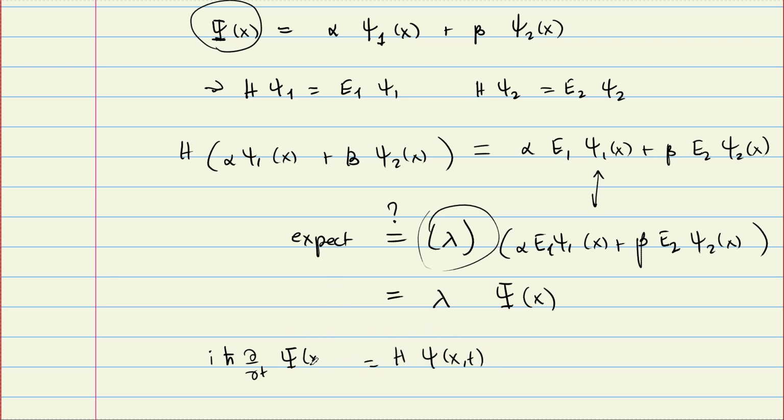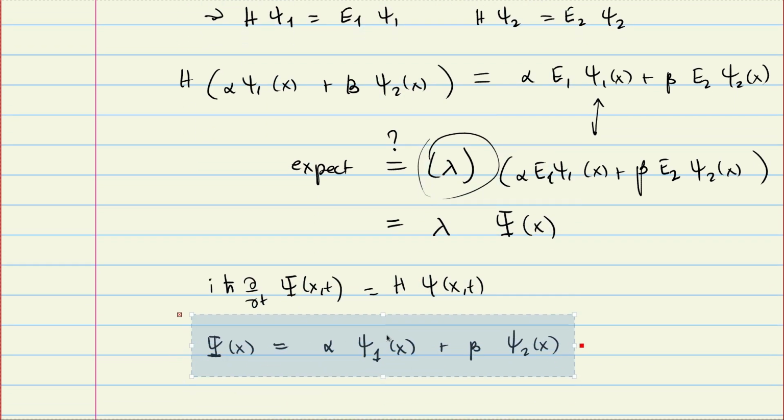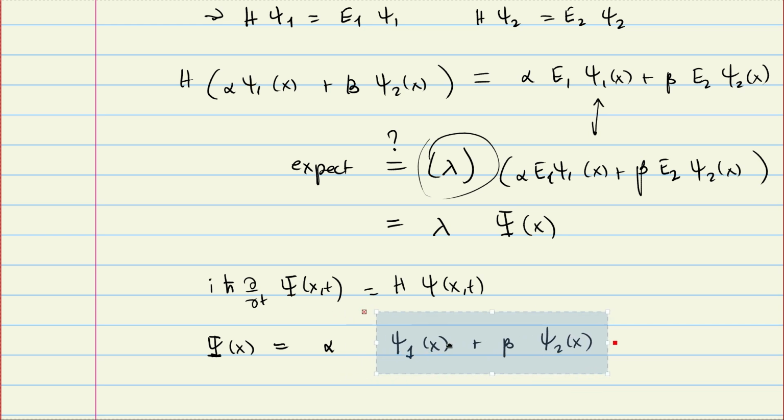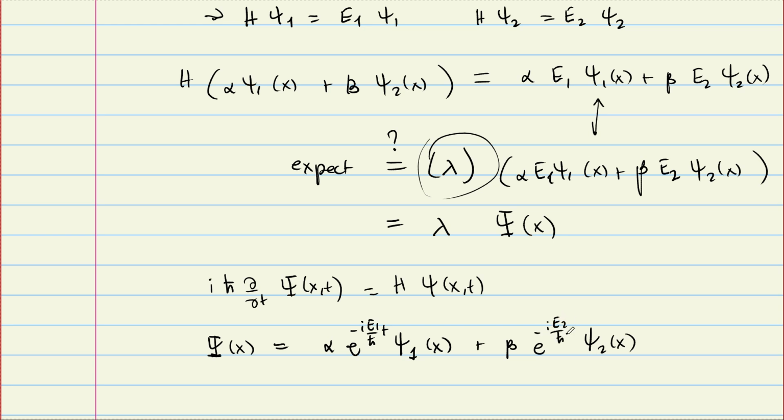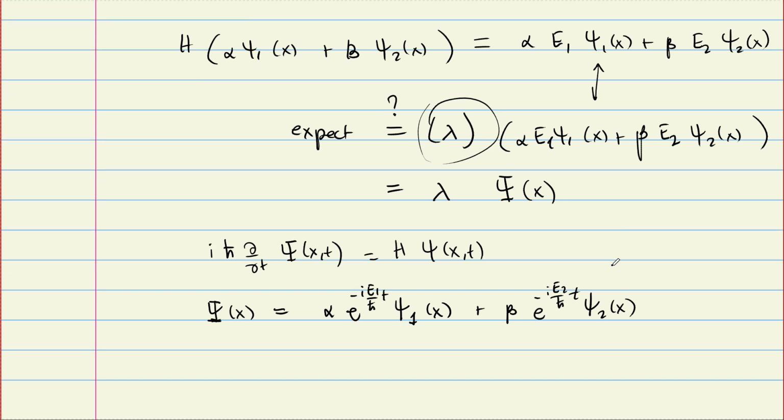I need to take this ansatz and find its time-dependent version, but it is easy because we already solved the equation and found e to the minus i E1 over h bar t, and the second one is e to the minus i E2 over h bar t. Here's a little exercise for you, again optional homework: substitute this psi of x comma t in the time-dependent Schrödinger equation and see that it is a solution.